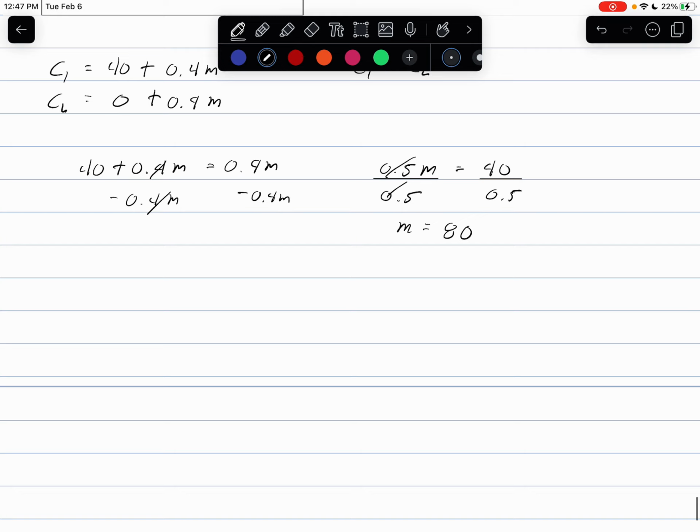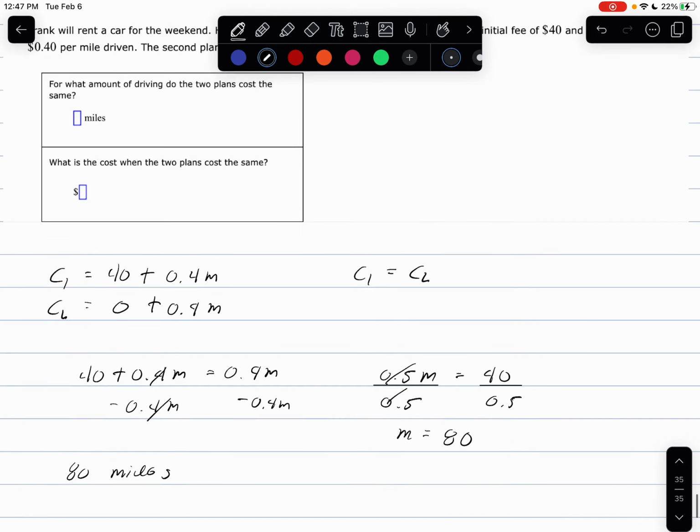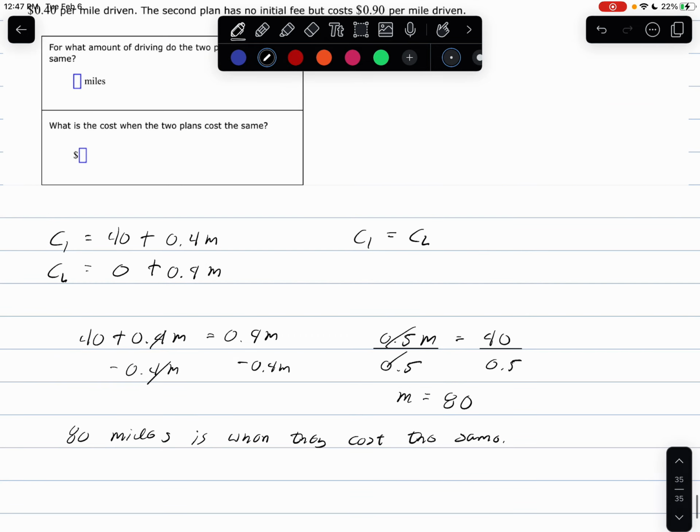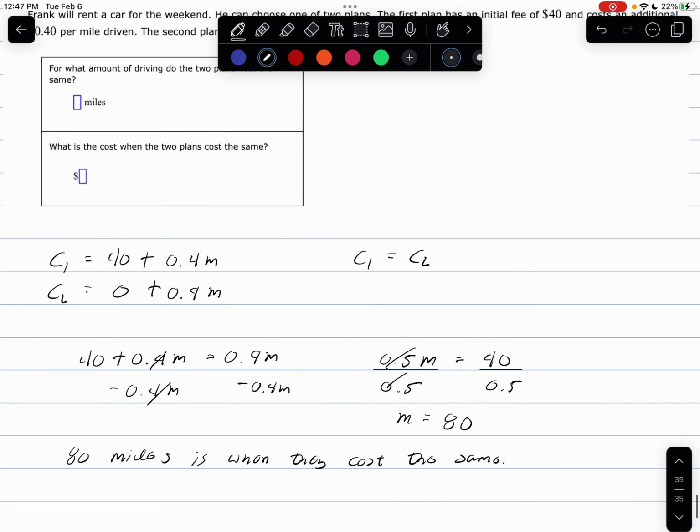Okay, so at 80 miles, they cost the same. Okay, so what this is really saying is, if you're going to drive less than 80 miles, plan 2 is the way to go. All right?